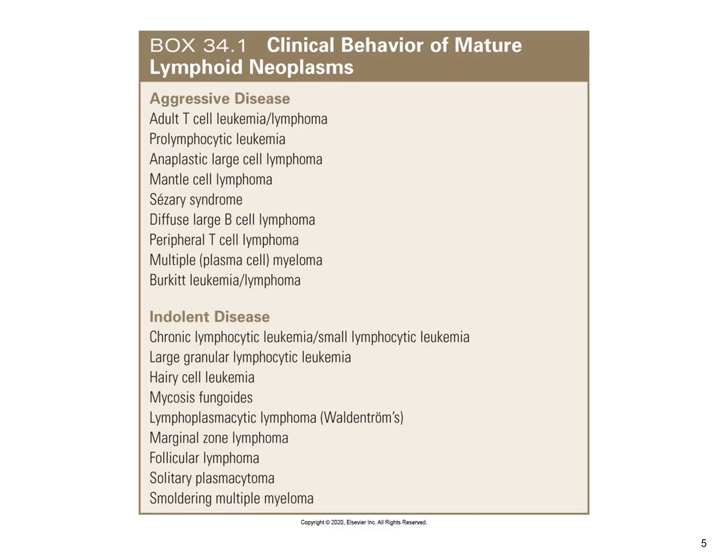Your textbook has a nice chart that divides these up based on their typical behavior and how they present. Some are more aggressive, and others are indolent disease. These are not as aggressive; you can consider them lazy, with slower progression.